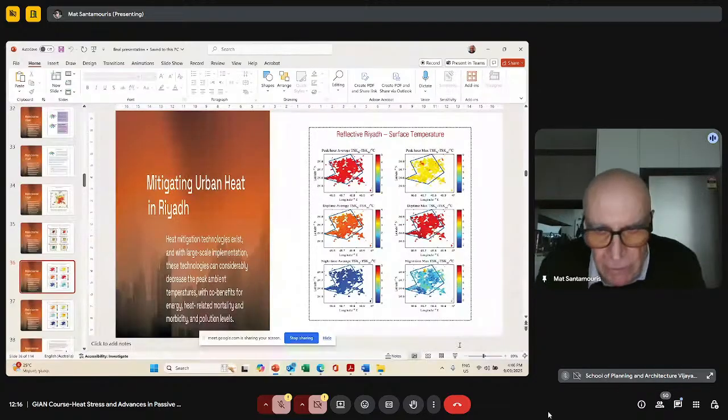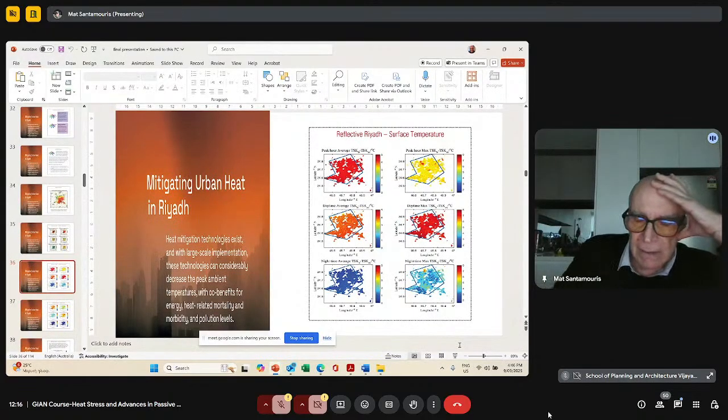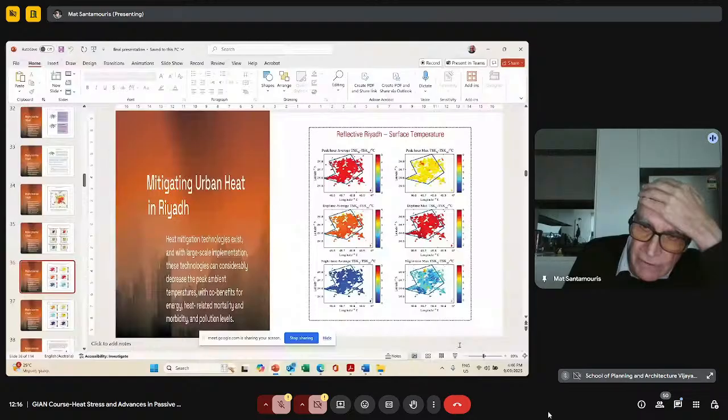On the contrary, we have a very significant decrease of the surface temperature. And this was the ultimate goal of this mitigation technology, because we wanted to decrease the surface temperature and at the same time decrease the release of sensible heat. By using these technologies during noontime, we succeeded in decreasing the peak surface temperature by up to 8 degrees.